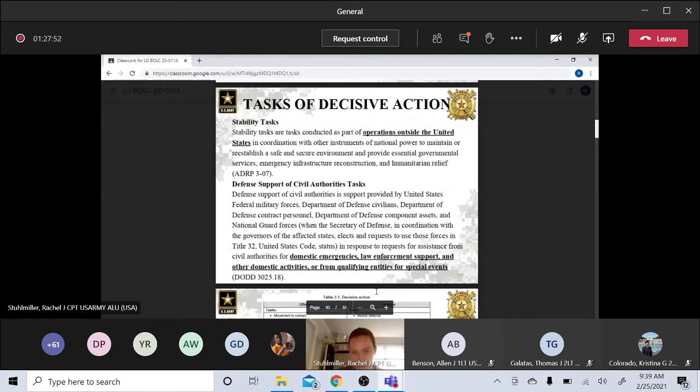So it's always requested. I shouldn't say we identify the need. For the National Guard, it can be at the governor's request, but we're always at the request of civil authorities. So never is this done without being requested by civil authorities. We are only doing defense support of civil authorities at the request of civil authorities.